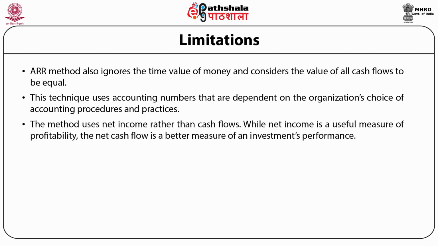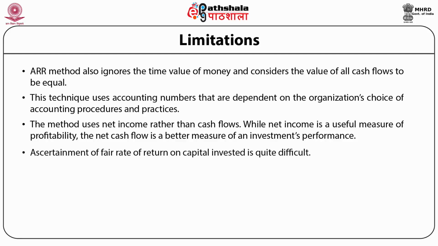This method uses net income rather than cash flows. While net income is a useful measure of profitability, the net cash flow is a better measure of an investment's performance. Number four, a settlement of fair rate of return on capital investment is quite difficult.